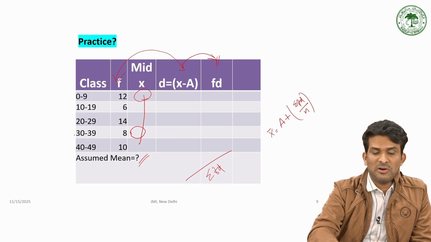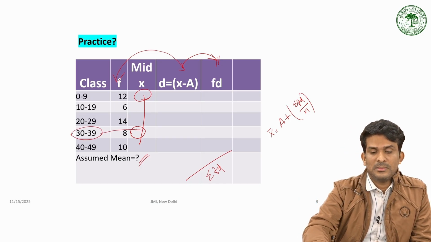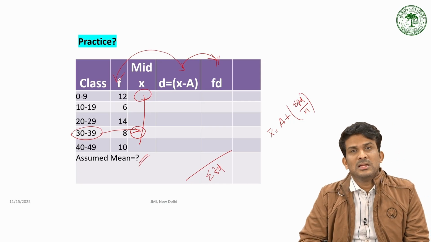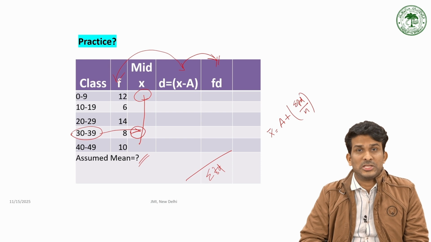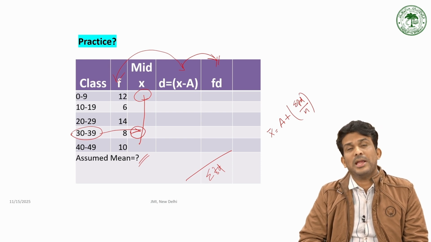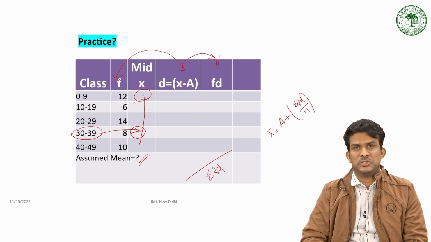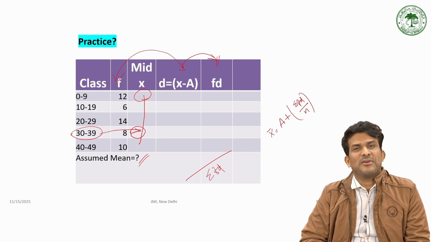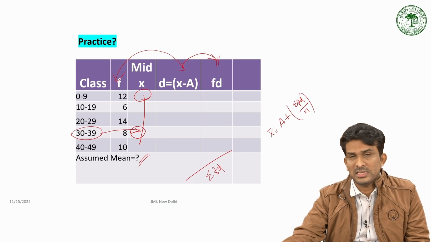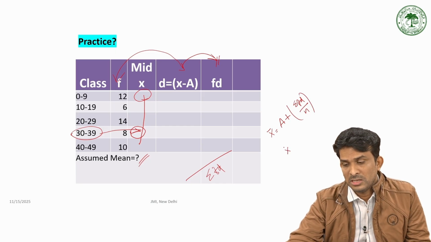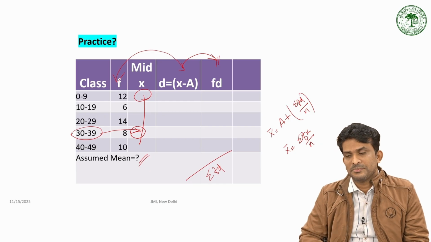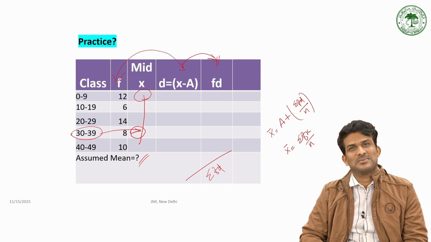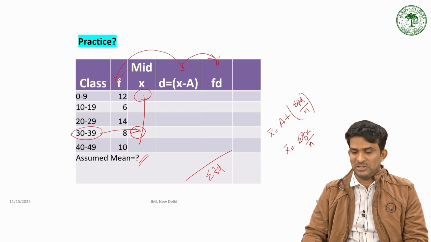Take the midpoint of the 30 to 39 class; this midpoint can be taken as the assumed mean. Calculate the arithmetic mean through the assumed mean method. Then check it with the normal way of calculating arithmetic mean, which is sigma fx by n, right? Try both of these.